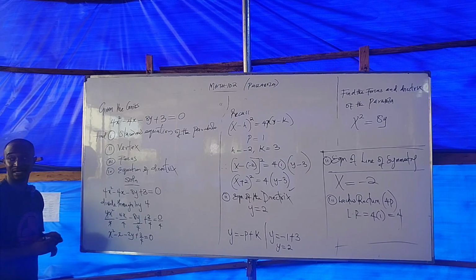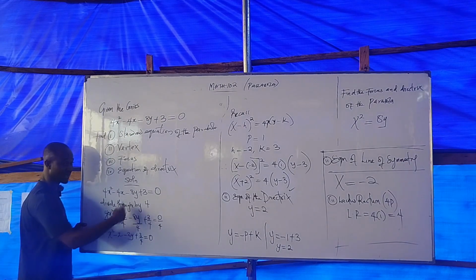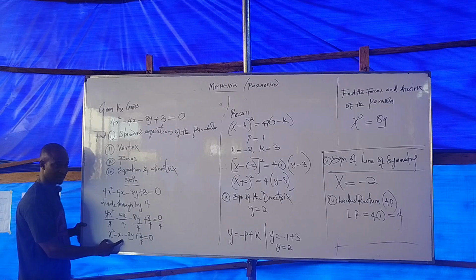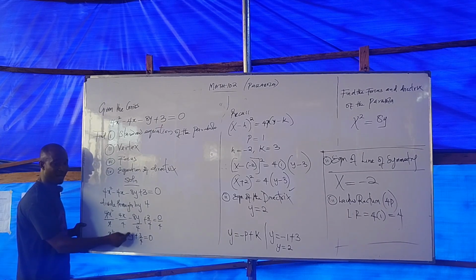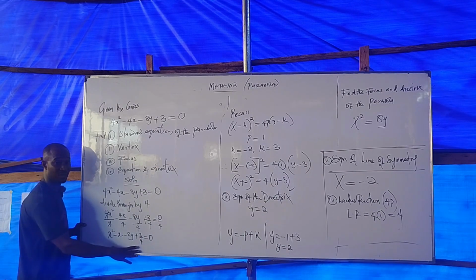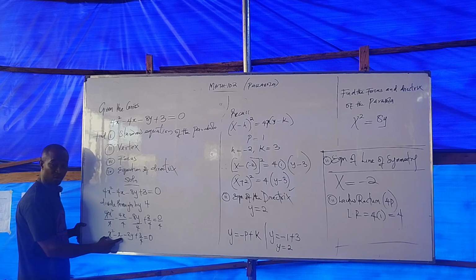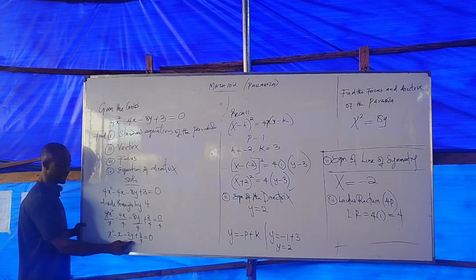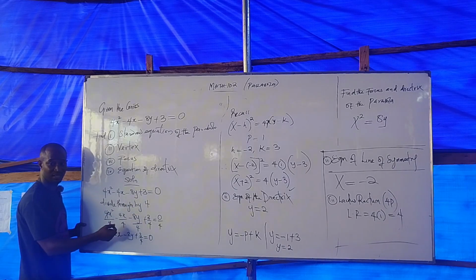Now our next step is to move these two terms to the other side because I want to complete the square with the x terms. If y were squared, I would work with y. But because we only square x, I'll move these to the other side.